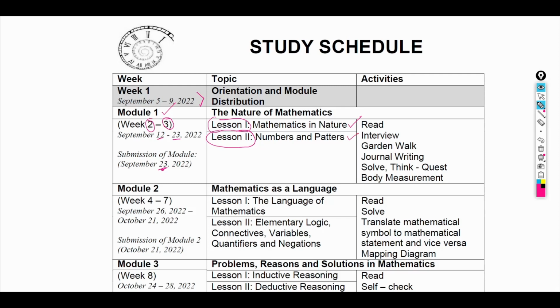For these activities, you are expected to read first and then interview, do the garden walk, journal writing, solve, think quest, and body measurement. As you go along with the module, you will have these 6 items to be done.